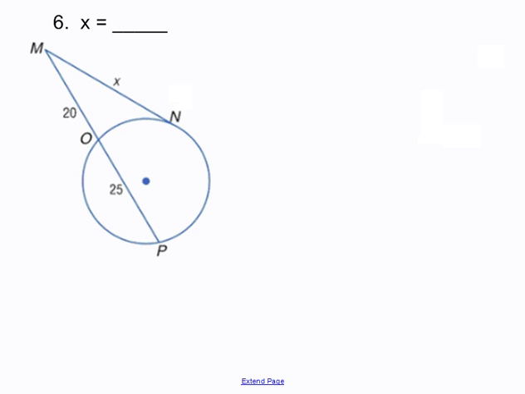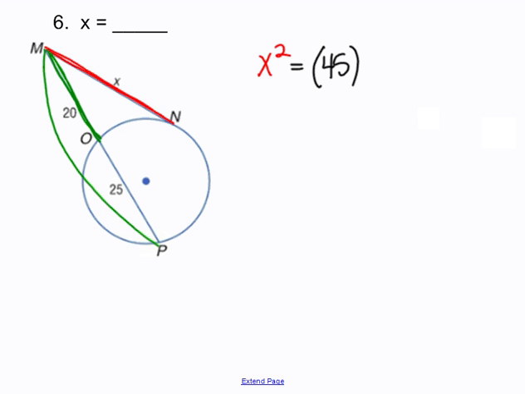All right, now we've got a tangent. Remember, the tangent is the one that only touches the circle at one spot. So it's going to be x times x. Then we're going to take the whole thing times this. Okay, so let's get this going. x squared equals the whole thing, which is going to be 45, times the outside, which is 20.